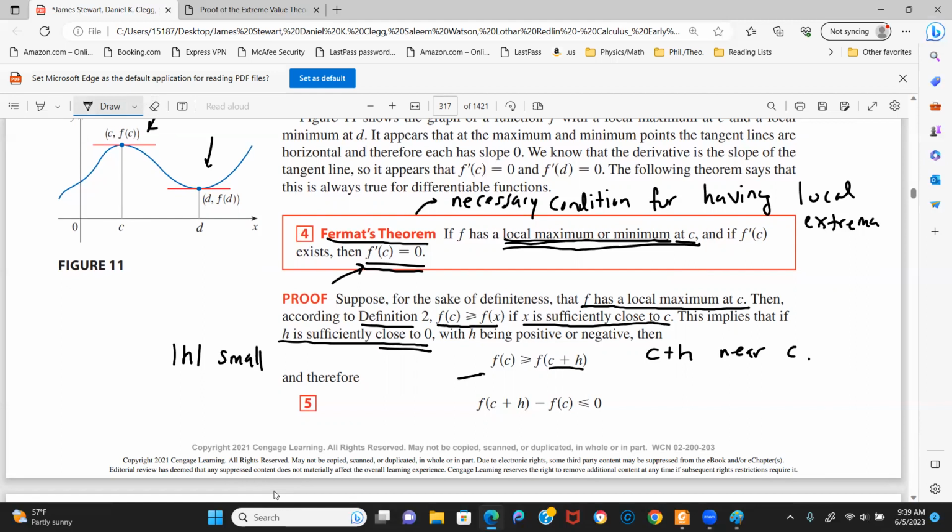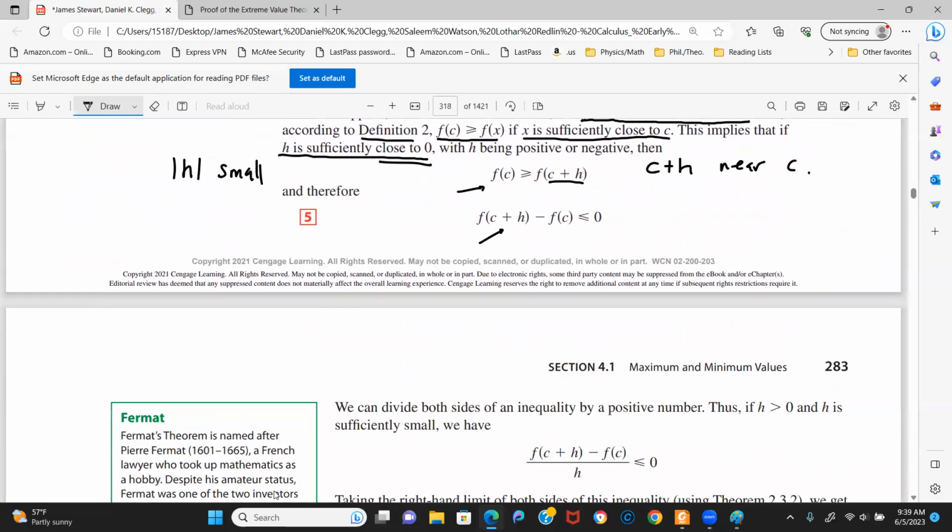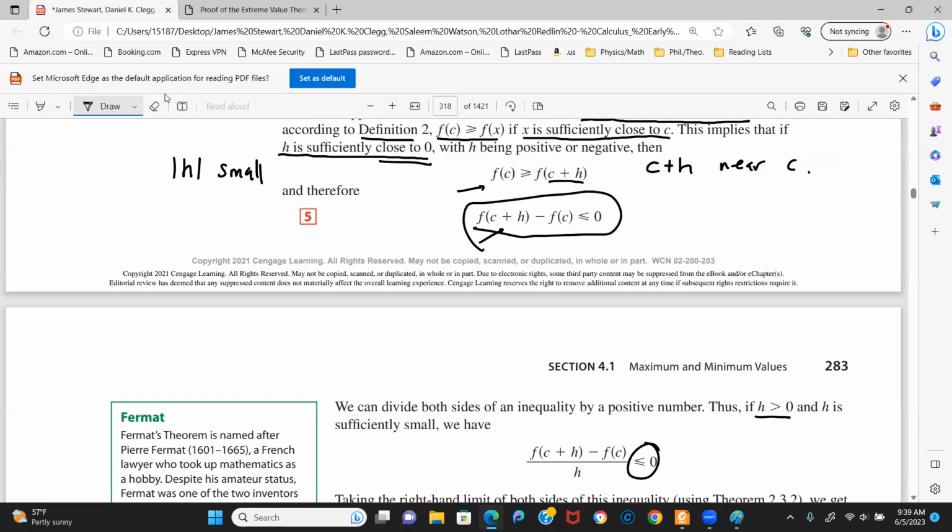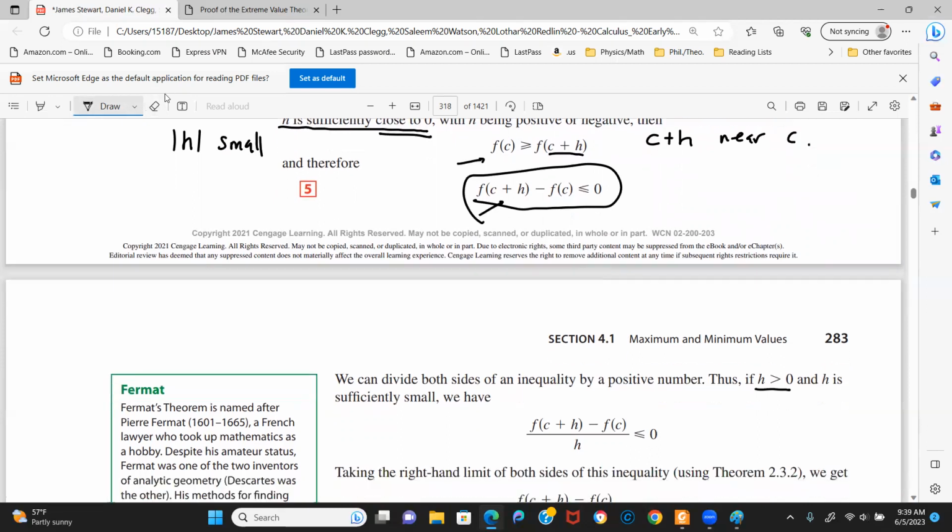So now you can rearrange this inequality like so to get this, and then we'll take h to be a positive number for now, and we're going to divide this inequality by h, and we're not going to switch the inequality. It's going to stay like that. Eventually, we're going to look at h being negative, and it will reverse the inequality, but that's okay.